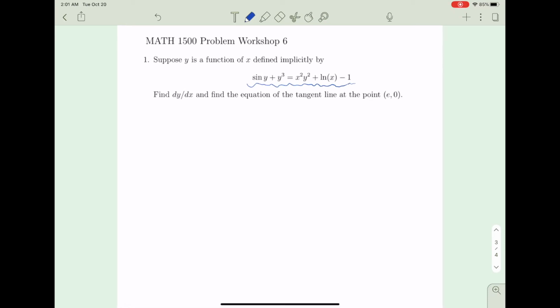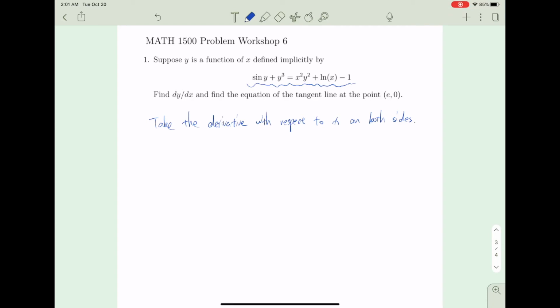So we have this thing here, right? Sine y plus y cubed equal to x squared y squared plus ln x minus 1. The first step to do is to take the derivative with respect to x on both sides.